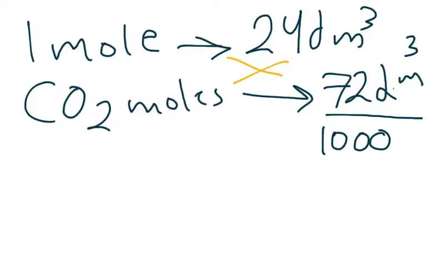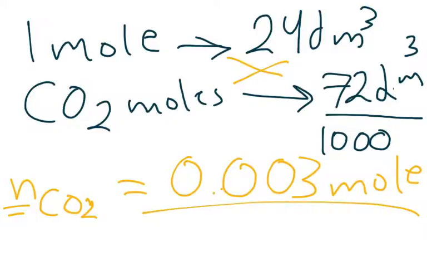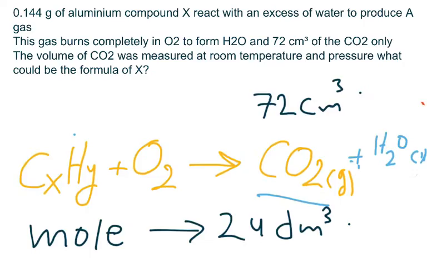When we do a cross multiplication, n of CO2, and a small n is always used to express moles, is 0.003 mole, okay? You can check that in your notebook. But for now, we only got the number of moles of CO2. So instead of writing 72 cm³, I'm going to wipe this down and write moles instead.